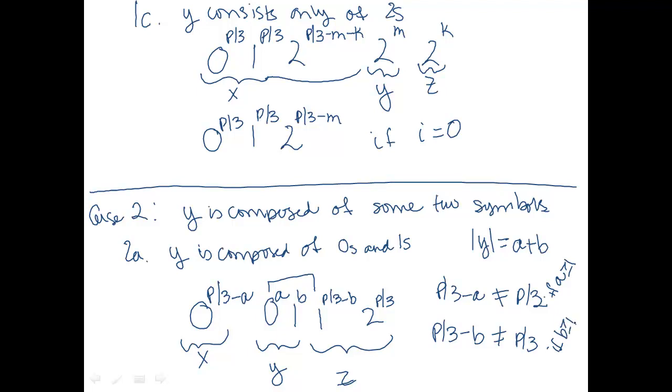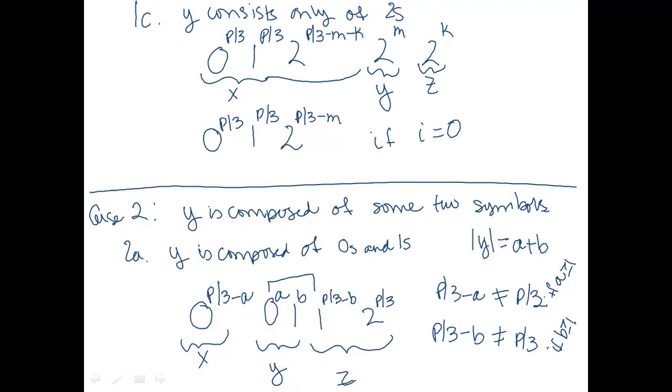That's when these will not be an inequality, right? So I know at least that the number of zeros is not equal to the number of 2's, or the number of ones is not equal to the number of 2's. It could also be the case that both a and b are at least 1, and then the number of zeros and the number of ones is not equal to the number of 2's.